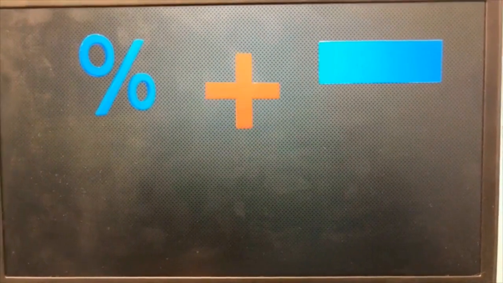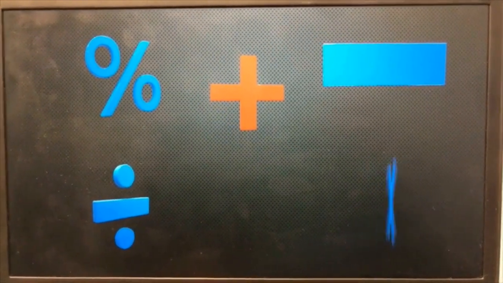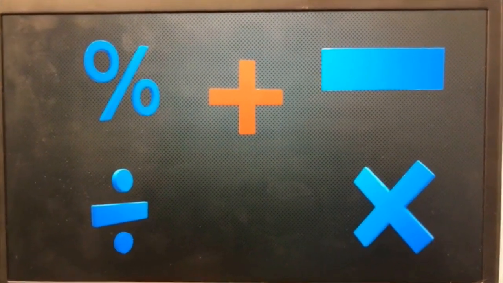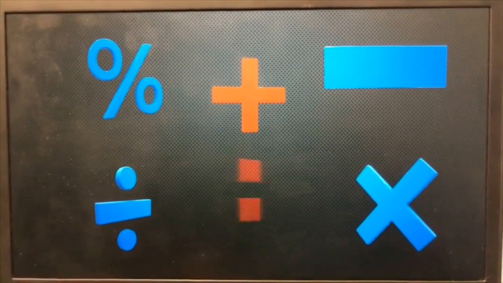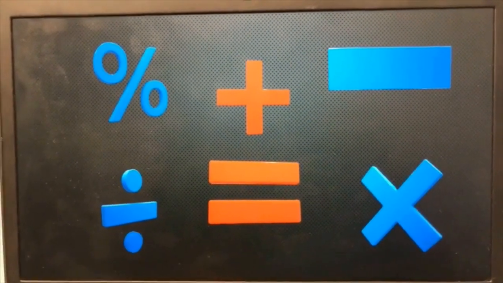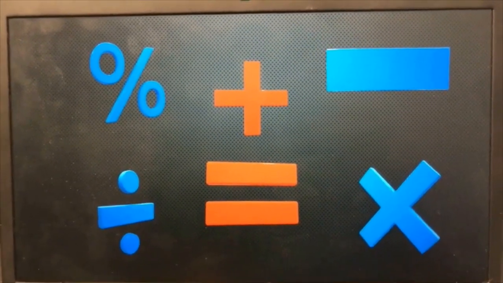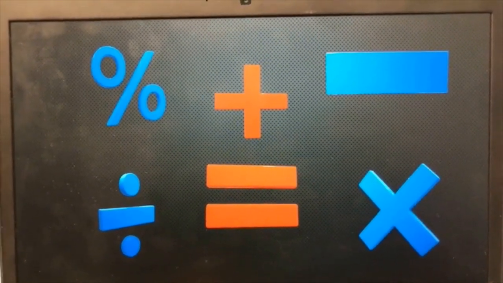We use math every day, whether it is addition, subtraction, division, multiplication, percentages, return on inventory, or simply balancing an equation. Therefore, you need to learn all of these things in order to be a good accountant.